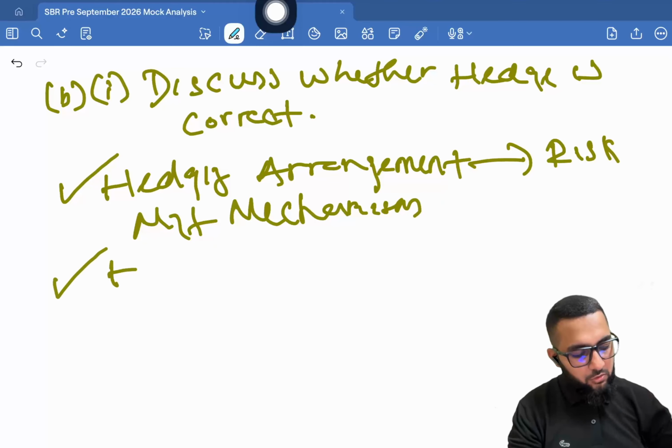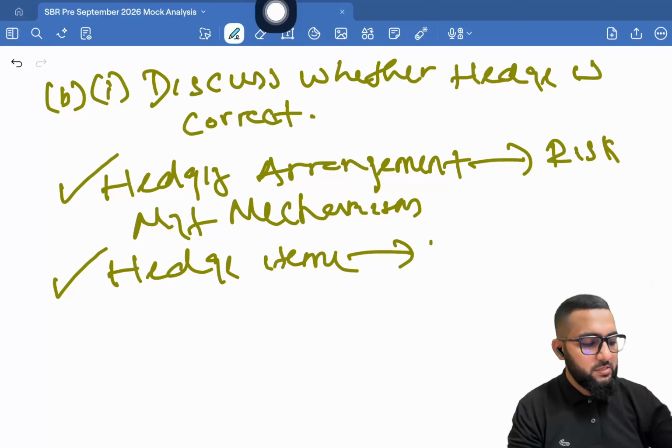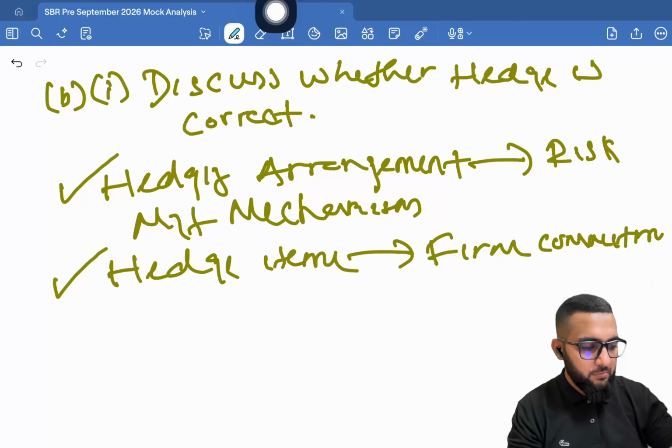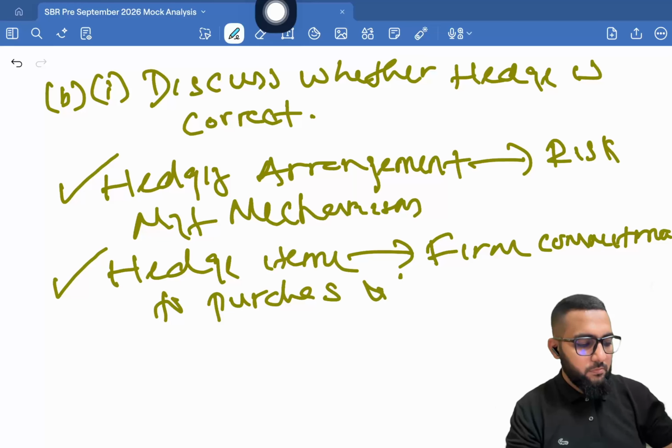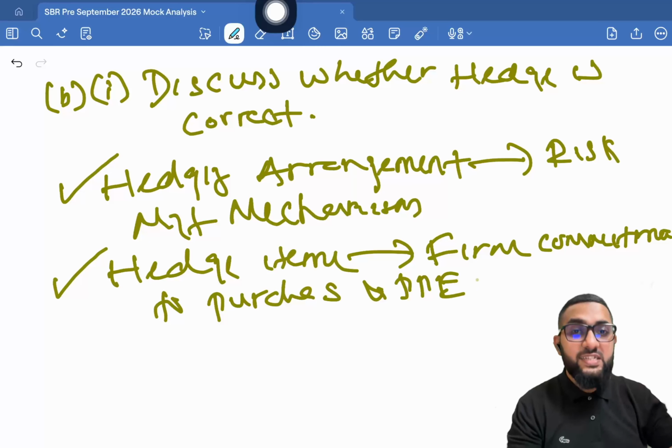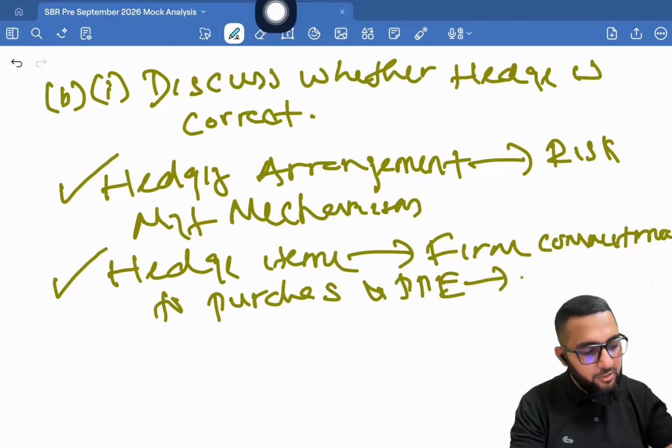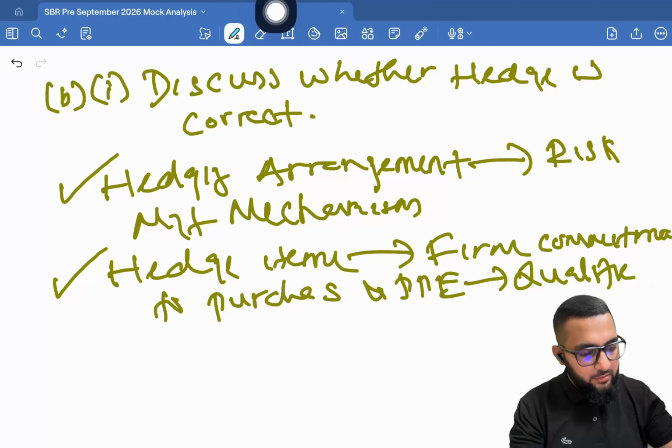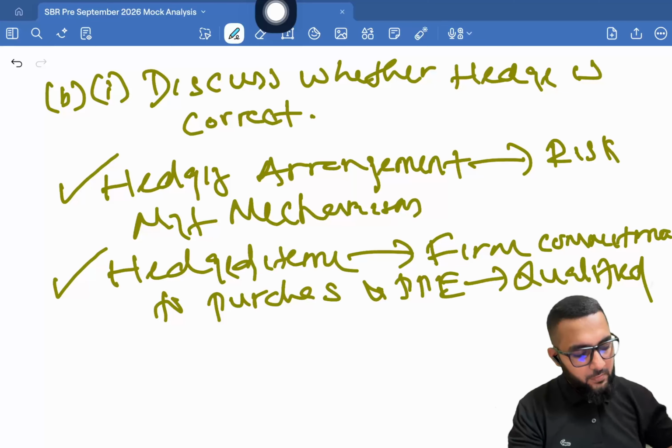Then you speak about the hedged item, which is a firm commitment, a future commitment, to purchase PPE. Now, since there is a fair value fluctuation due to currency changes, it's an eligible or qualified hedged item. Then you talk about the hedging instrument.